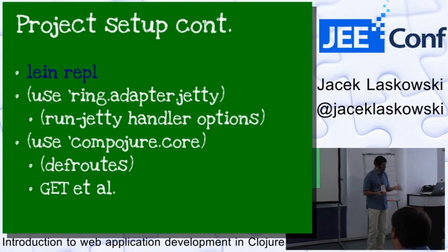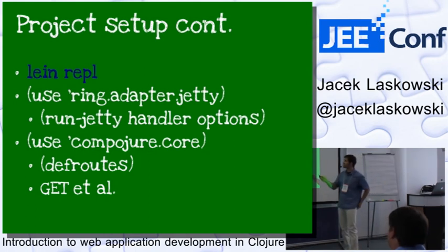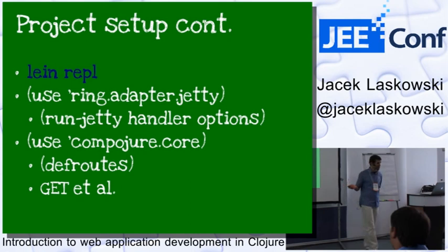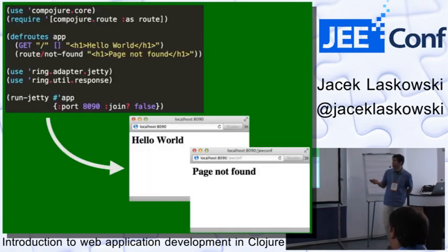So whenever you use Ring, or whenever you wanna create a web application in Clojure, you will end up probably in one way or the other with a Ring-based library. One of them is Compojure. Okay, so with Compojure, we can do something like this. We declare using Compojure core.